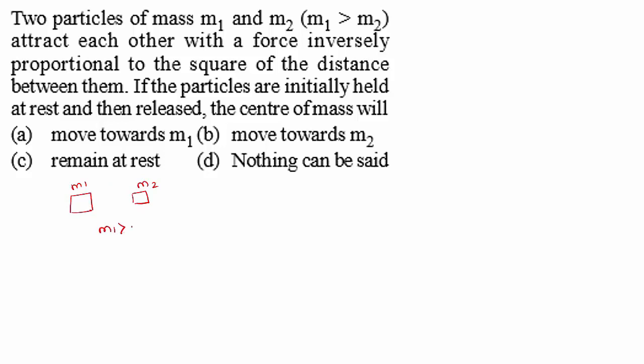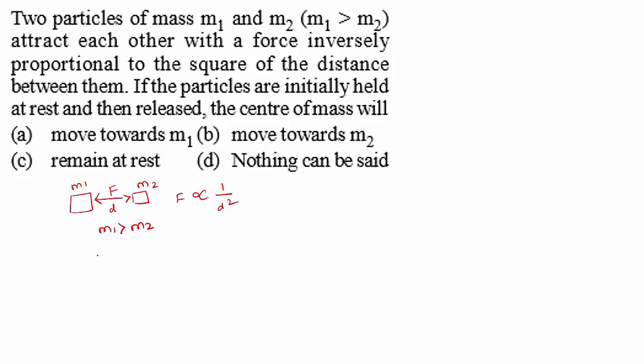They given the condition m1 is greater than m2, and they attract each other with a force inversely proportional to the square of the distance. Let us take the distance between them as d. What is the position of the center of mass?